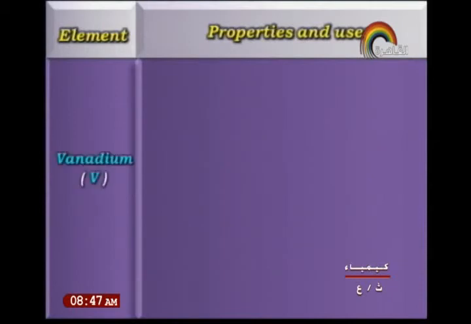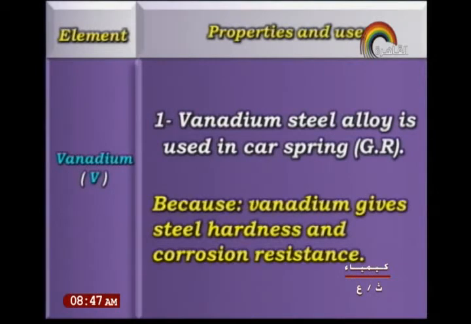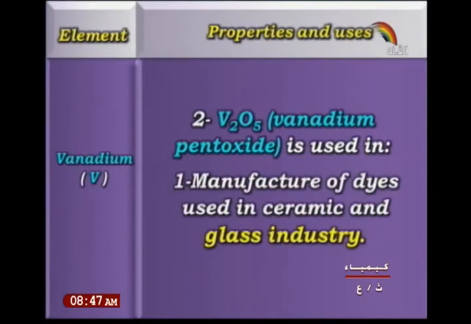The next element we are going to discuss is vanadium, which has atomic number 23. Vanadium steel alloy is used in car springs. The reason for that is because vanadium gives steel hardness and corrosion resistance. The second use for vanadium is using vanadium pentoxide, which is used in, number one, the manufacture of dyes used in the ceramic and glass industry.